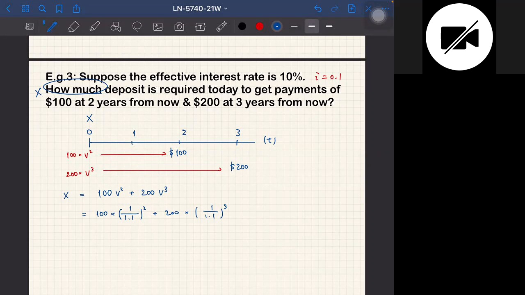So this is equal to 82.64 plus 150.26, which becomes $232.90. So in this way, using V, we can calculate the amount X.